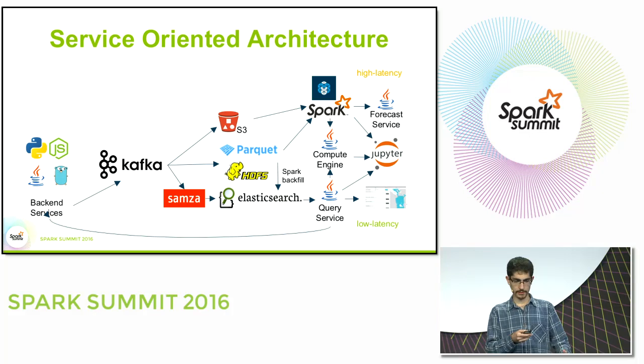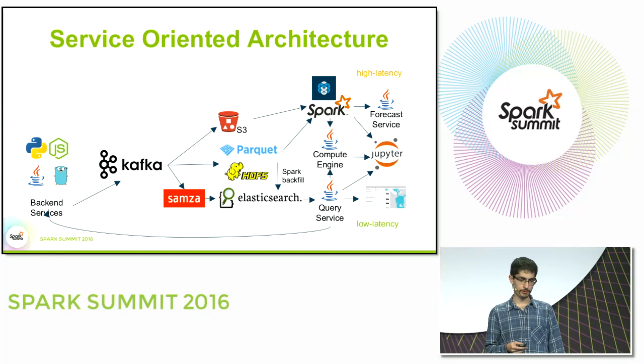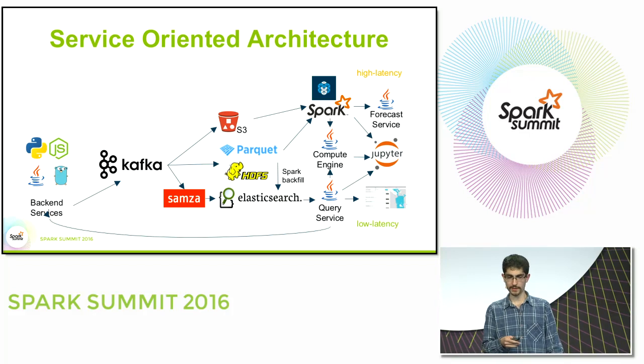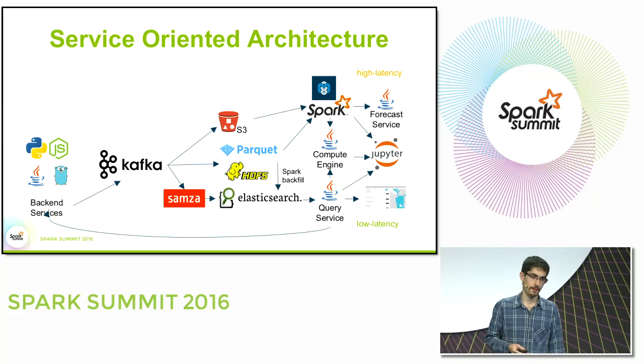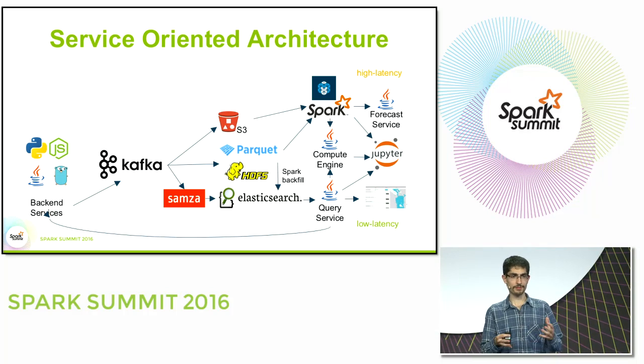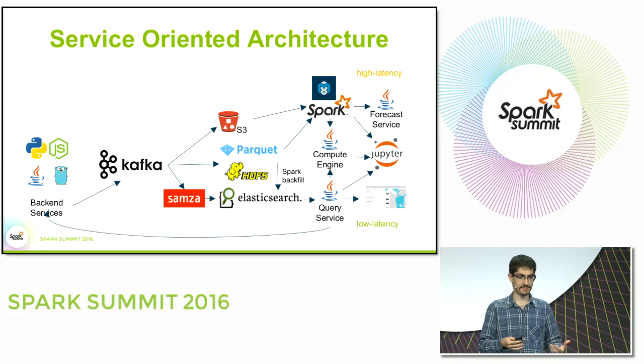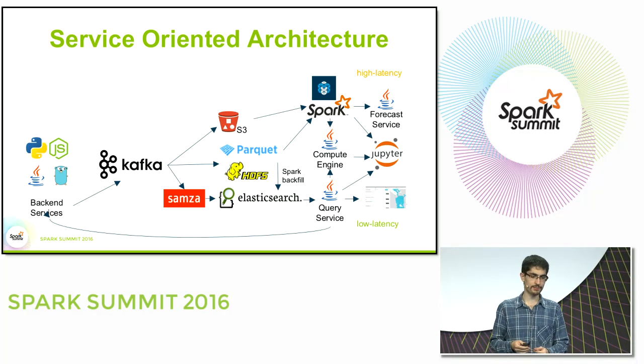We use Spark here to enable us not only to do the backfilling, but we also expose Spark to data scientists through Jupyter Notebook. And I'm going to get a little bit into the trade-offs that come with doing that. We try to tell data scientists, and of course services, to exclusively use our query service.